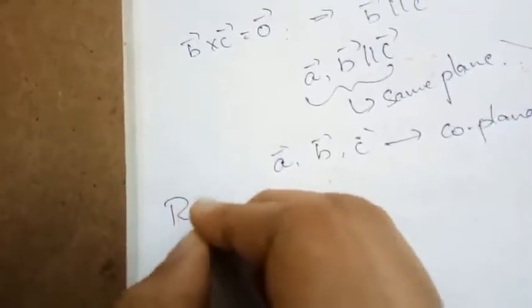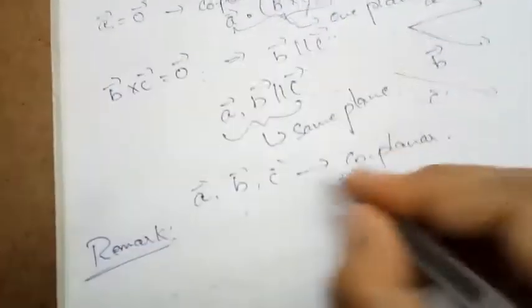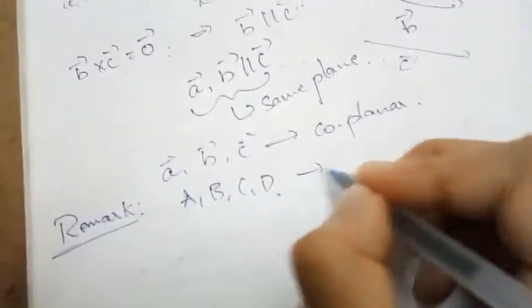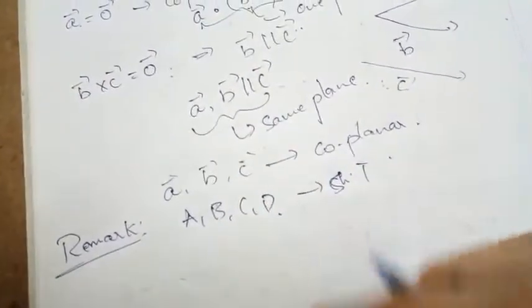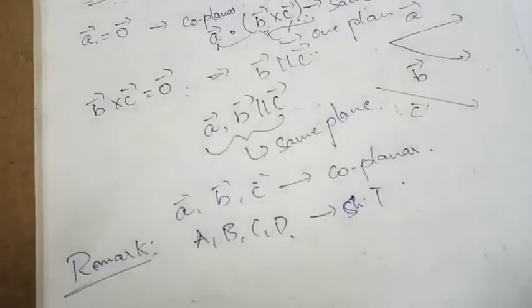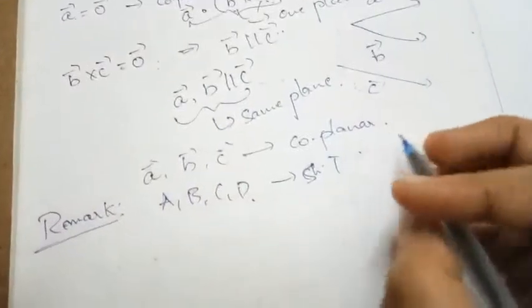Here is one of the remarks which comes under this section. Suppose they have given you 4 points, that is A, B, C, D, and asked you to show that these 4 points are lying in the same plane. This can be proved by the concept of coplanarity of three vectors.